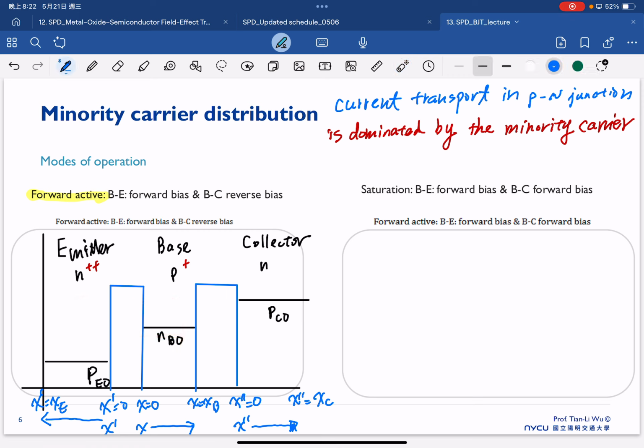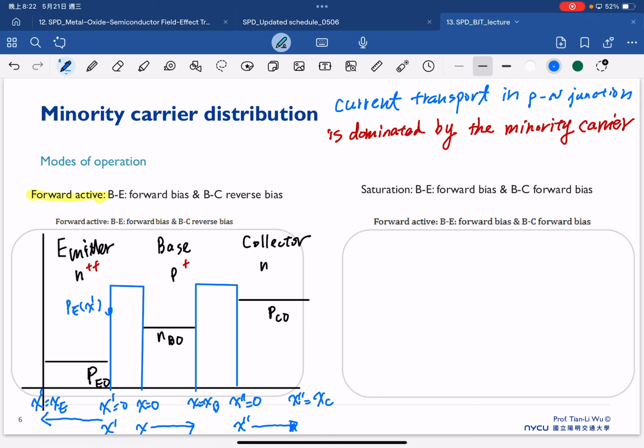So we can plot the minority carrier distribution similar to our PN junction under forward bias, where we will have here PE at the X prime position.